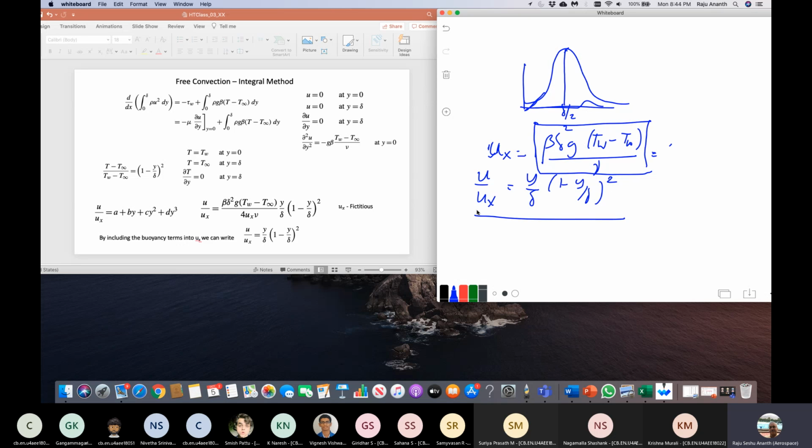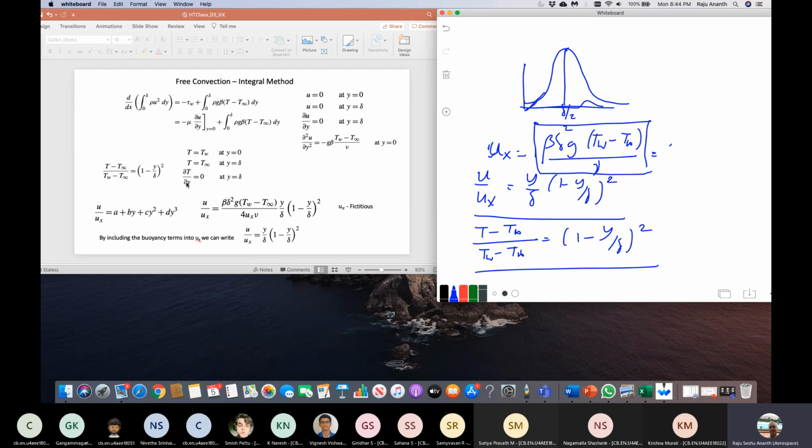Now similarly the temperature: (T minus T infinity) over (Tw minus T infinity). So this will satisfy, what is the boundary condition on temperature? At y equal to 0, this should be 1, which is correct. And at y equal to delta, this has to go to 0, T is T infinity, which is correct.